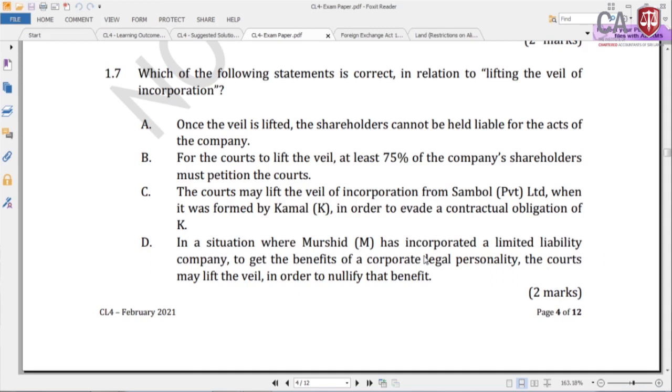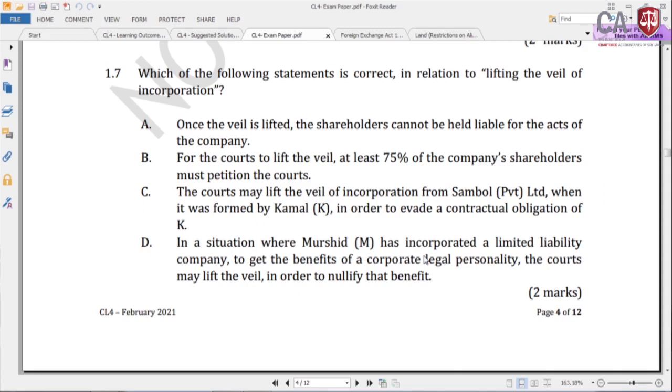Then C: the court may lift the veil of incorporation from Sambol Private Limited when it was formed by Kamal in order to evade a contractual obligation of Kamal.